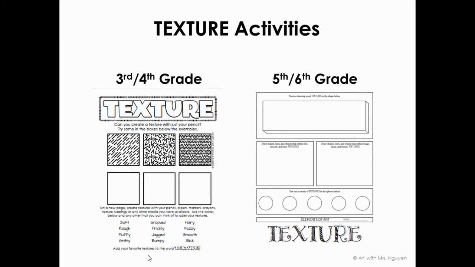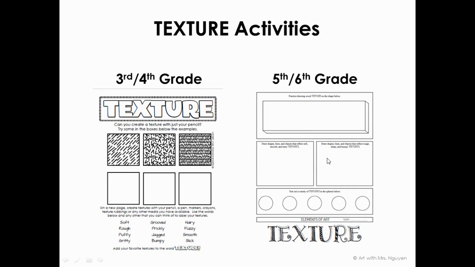5th and 6th grade, on your handout, the front of it is not pictured here. You are going to learn how to create a wood texture. And so you're going to practice that wood texture right here. And then you're kind of doing a variation of what the younger kids do. You're drawing shapes, lines, or objects that reflect soft, smooth, and hairy textures.